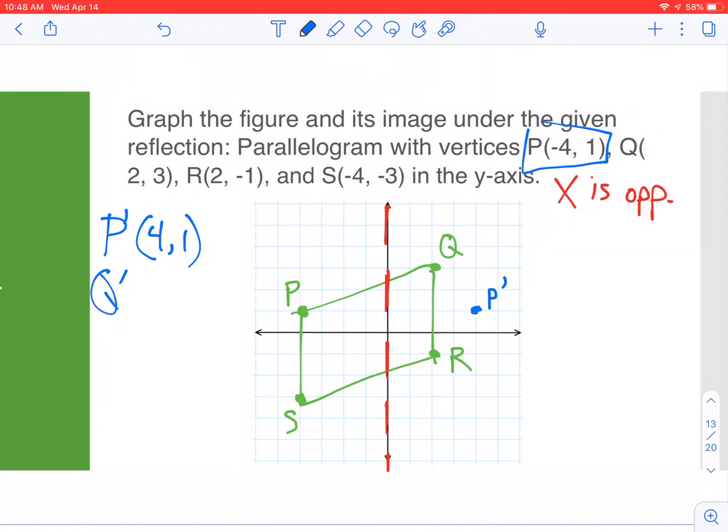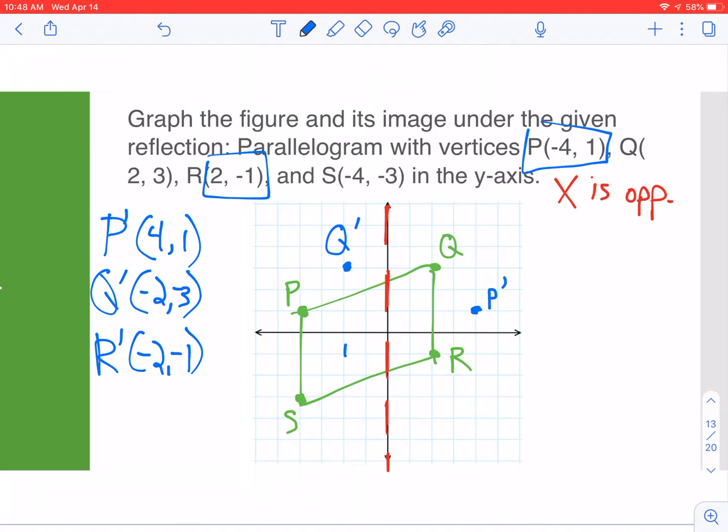Q prime, I'm going to take the opposite of 2, which is negative 2. So negative 2, 3 up here. That is Q prime. Then R prime is going to be negative 2, negative 1, because it's opposite of 2. So negative 2, negative 1 is R prime.